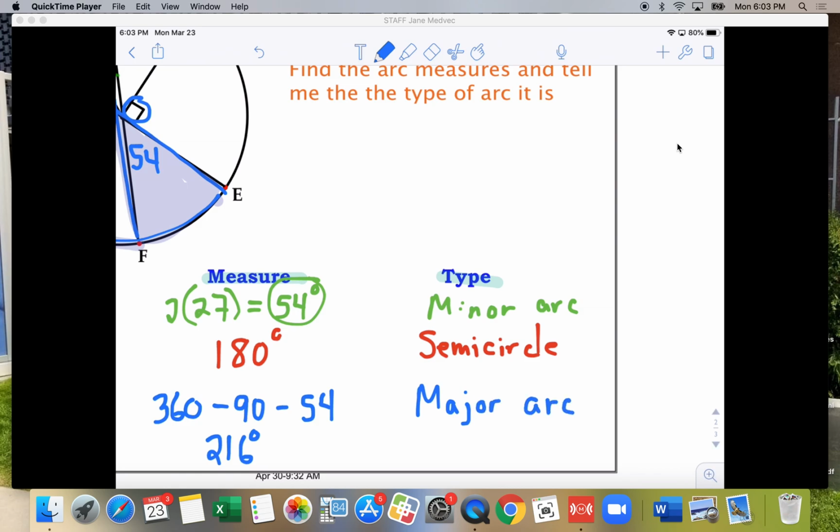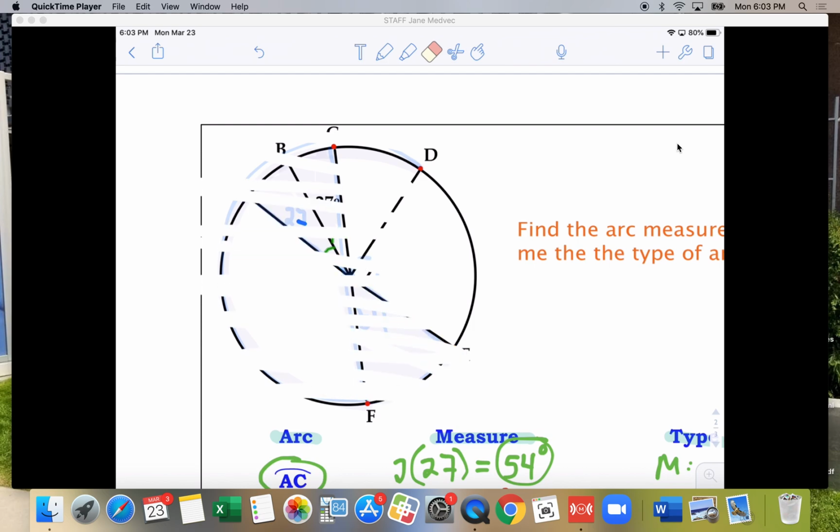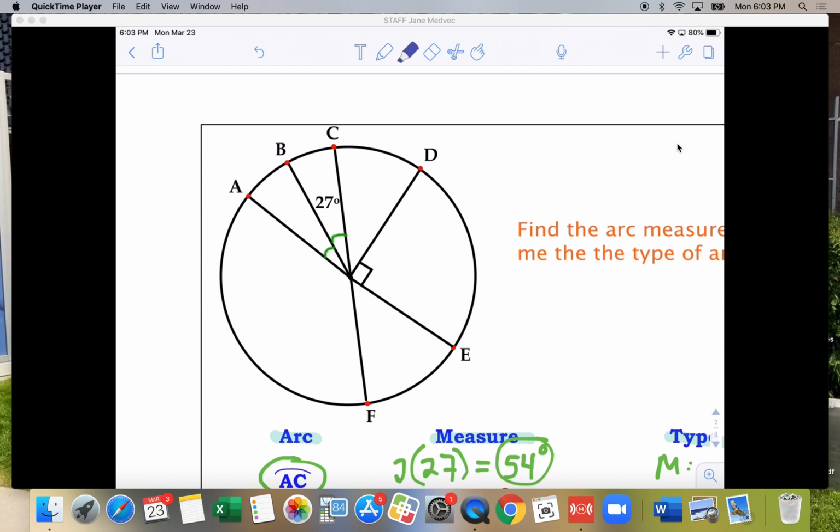Again, if you got a little bit confused, let me erase this and go back through it. I'm looking at DAF, this piece right here.